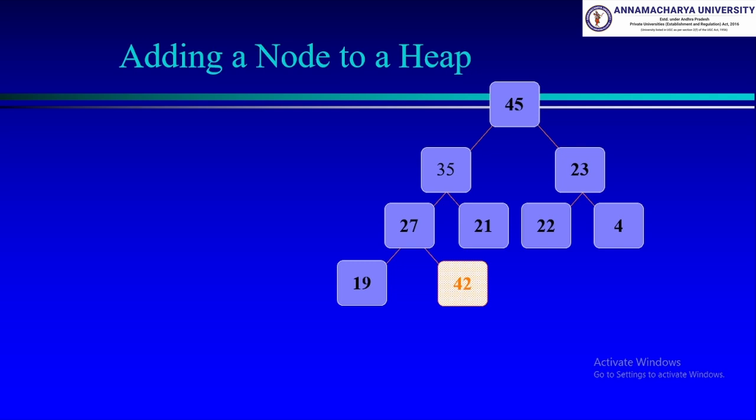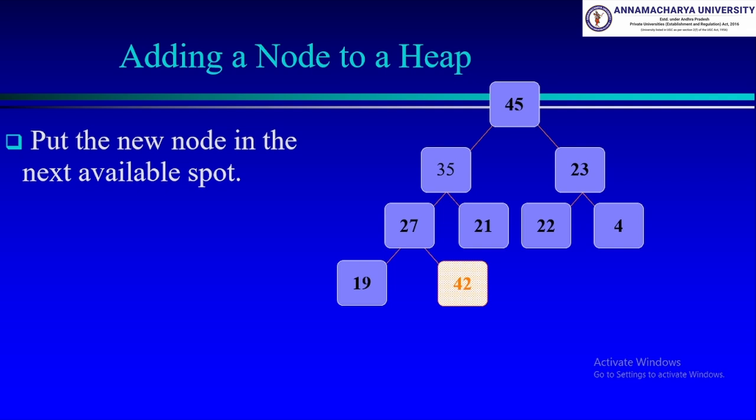The 42 node is to the right of 27, and this property is to be verified here. Adding a node to the heap means that 42 appears at the right child of 27. So put a new node in the next available spot. That is the 42 location, and it's the right child of the 27 node.